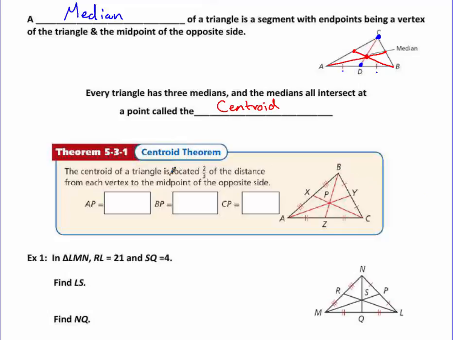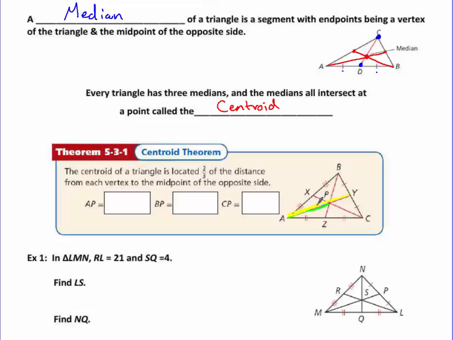And there's something particular about where it's always located. The centroid of a triangle is always located 2/3 of the distance from each vertex to the midpoint of the opposite side. So that may sound confusing, but all it means is if you look at this median right here, this distance that I just highlighted in green is 2/3 of this distance that I highlighted in yellow.